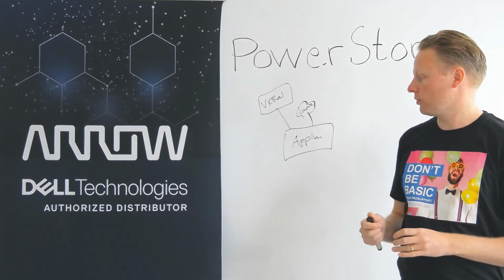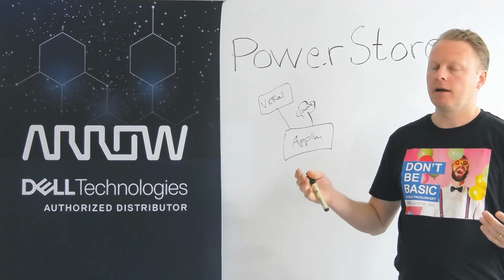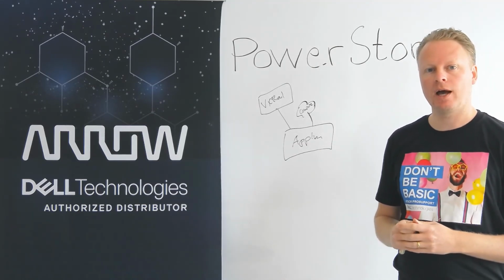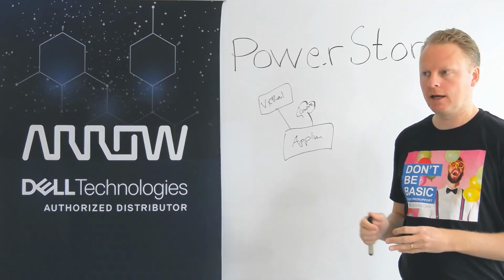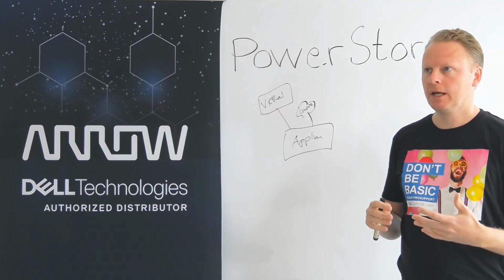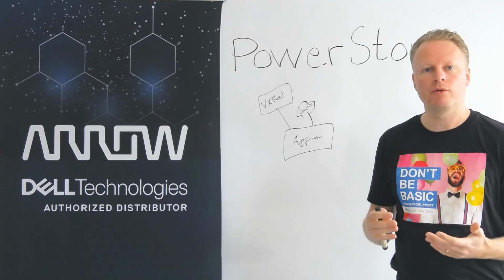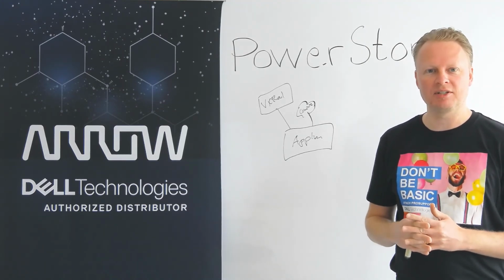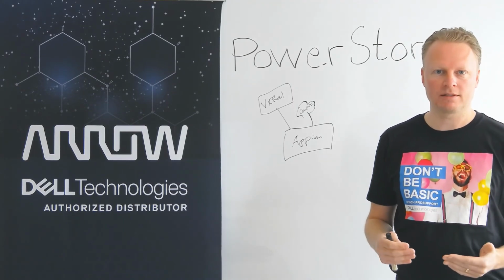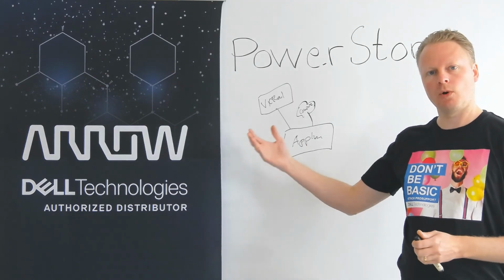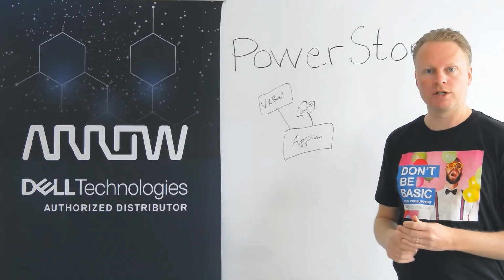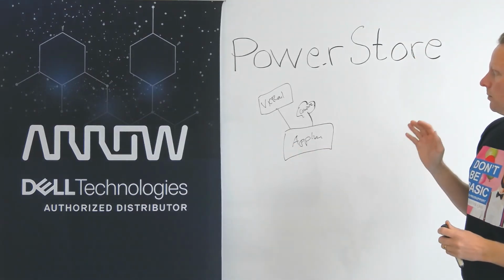For example, if you're running some other storage software that needs to have fast access to this, or if you have some temporary really high workloads that need really high performance, low latency data, you can move those workloads over to this PowerStore appliance and maybe back when finished. So multiple use cases.